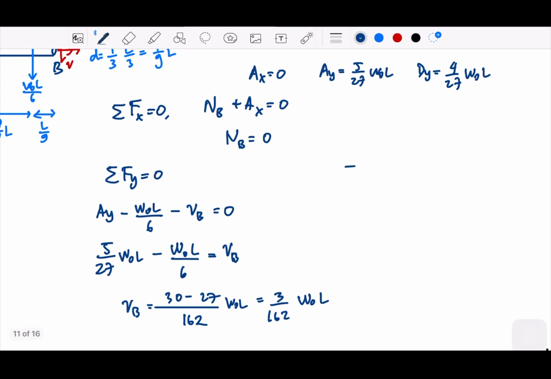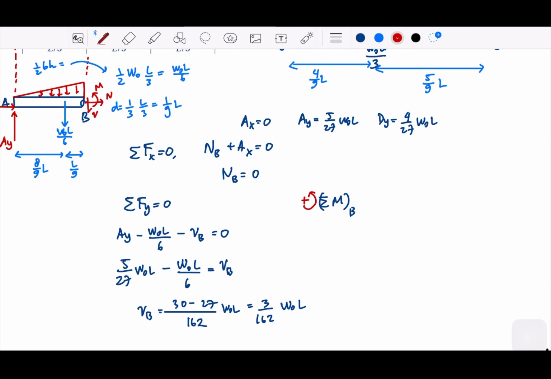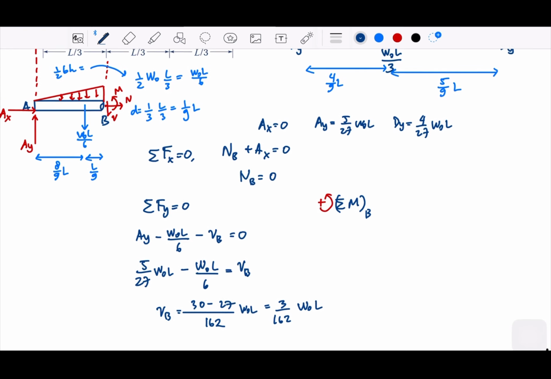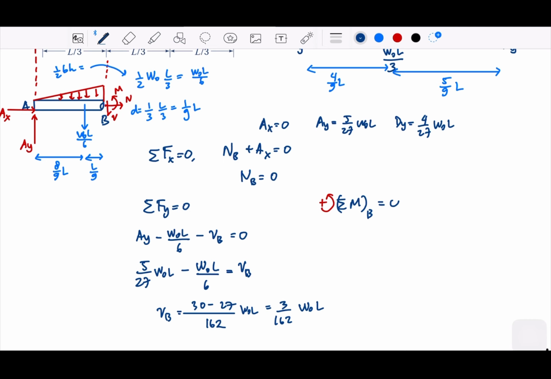And then sigma moment at B. Let's say this is positive on the counterclockwise. This will be equal to 0.